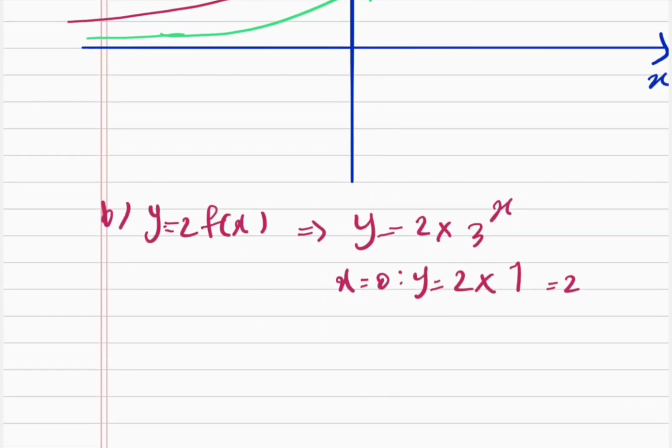So the asymptote is again at y is equal to 0, and the y-intercept is at the point (0, 2). So this is the y-intercept, and it doesn't have an x-intercept, and this is the asymptote.